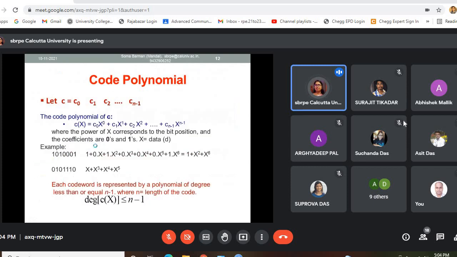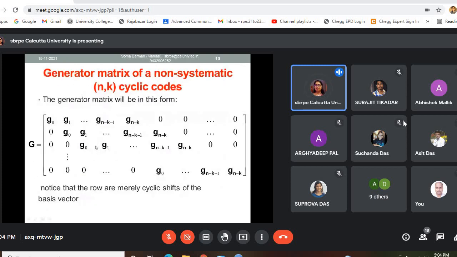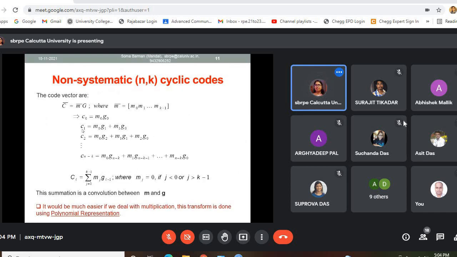I have already mentioned that for the non-systematic case, the code vector is nothing but the convolution of your generator matrix and the message vector.